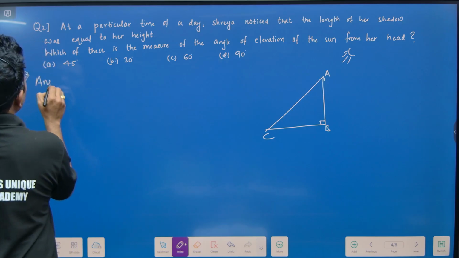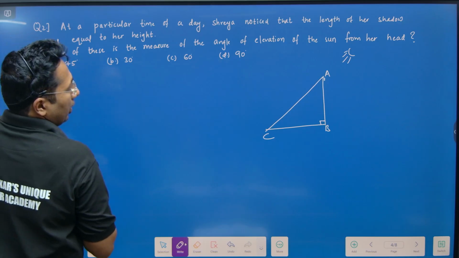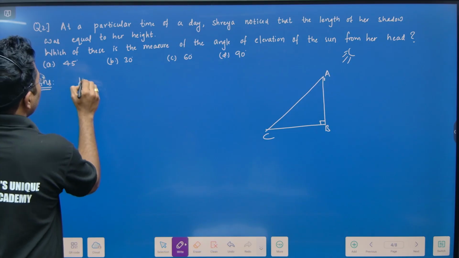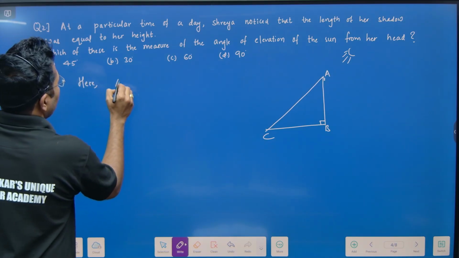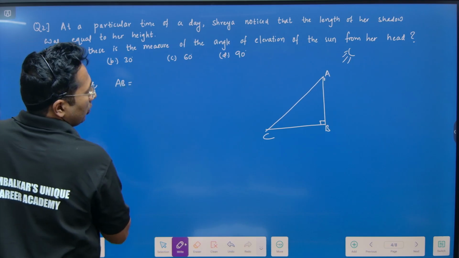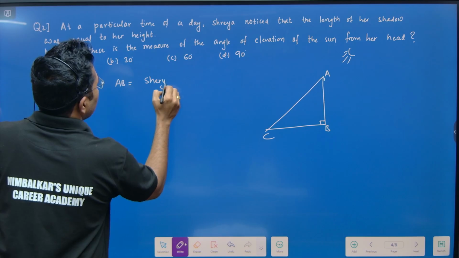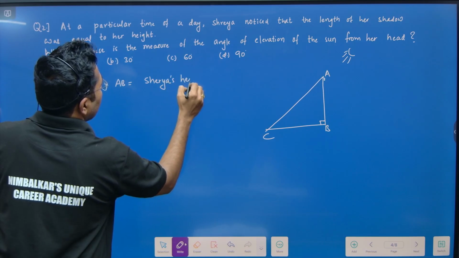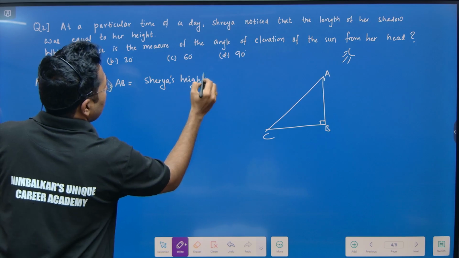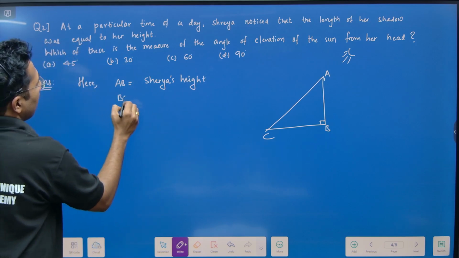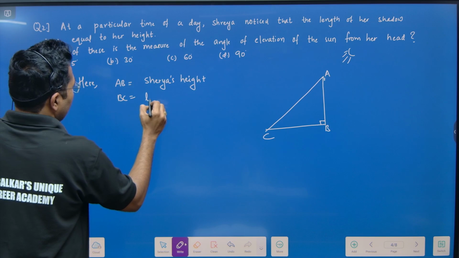Let me specify things. I need to write here AB is equal to Shreya's height, isn't it? BC is equal to the length of Shreya's shadow.